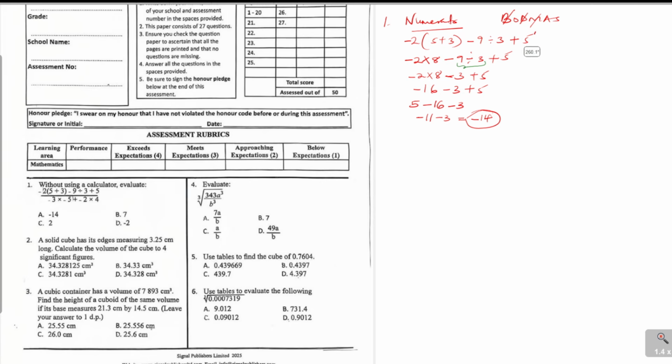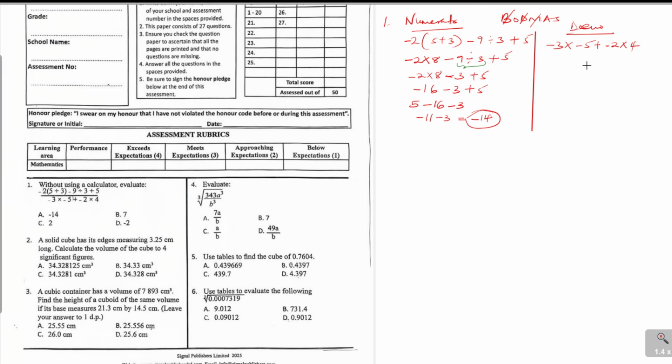So we go to the denominator. Denominator is the next. So for the denominator we have negative 3 multiplied by negative 5 plus minus 2 times 4.